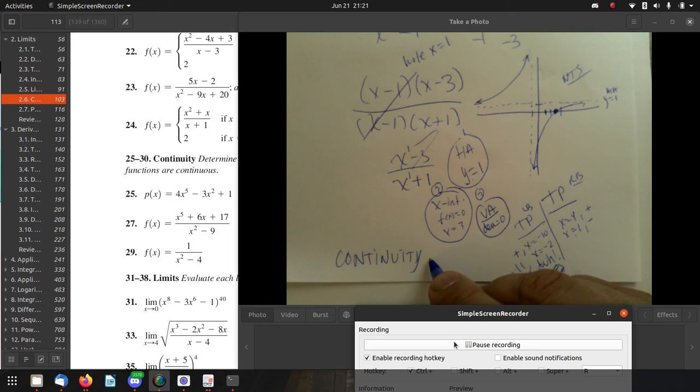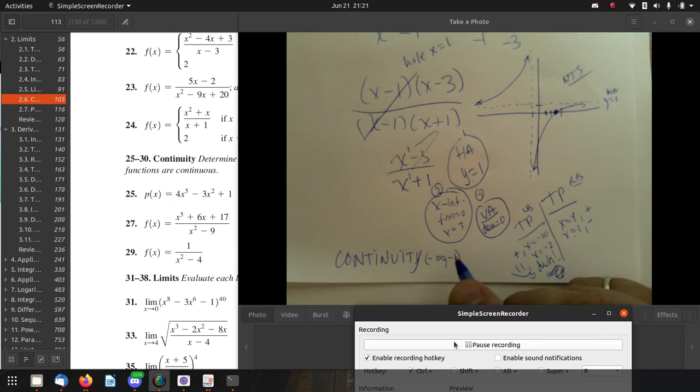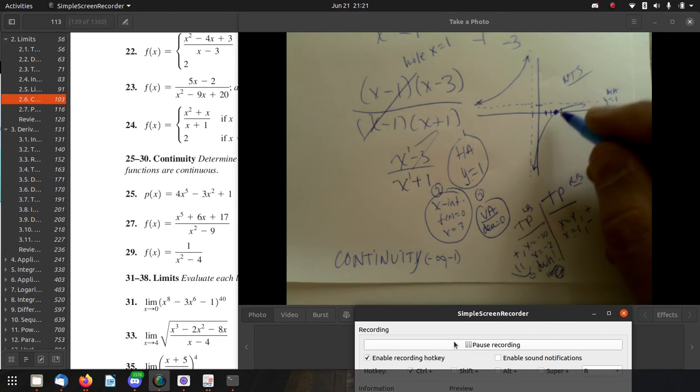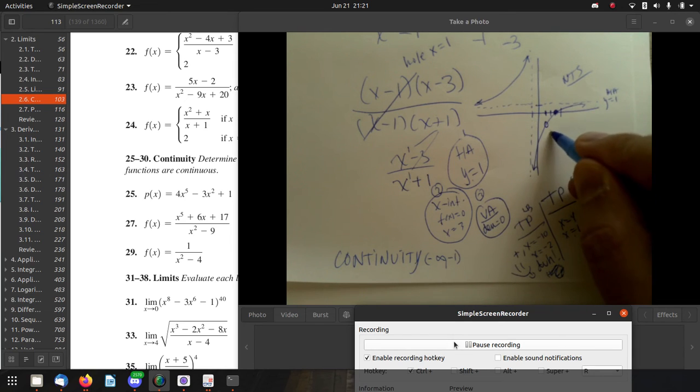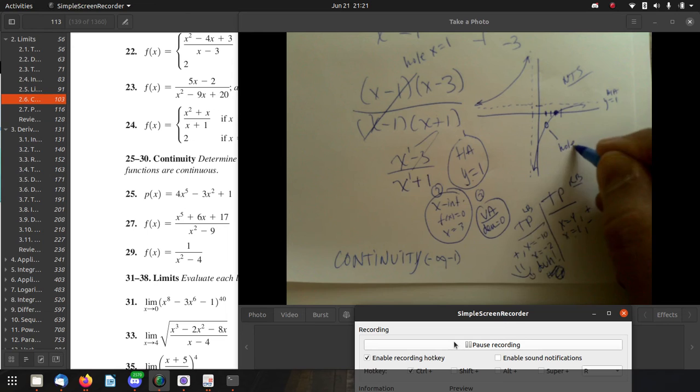And so our intervals of continuity are -infinity to -1. And then we cannot forget that at the point 1 right here, I'll emphasize it by putting that in, we have a hole.